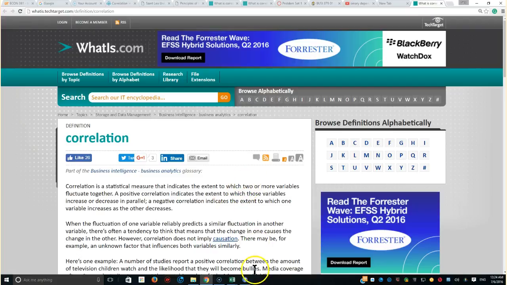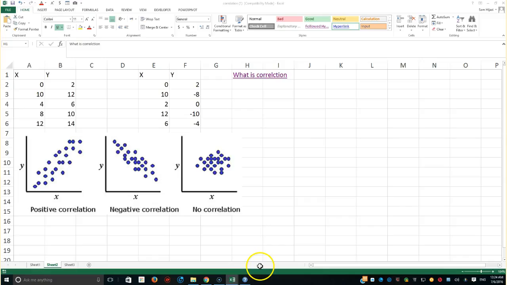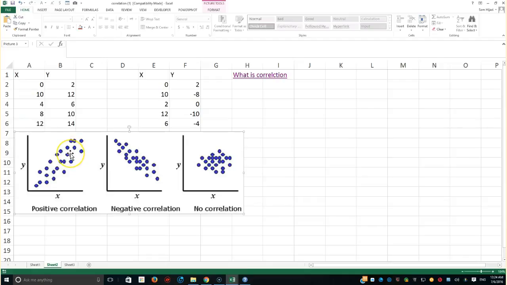Anyway, let's take a look at the data here. First, I want you to realize this is an image I got from Google. It's very clear that positive correlation usually goes in this direction, and there is also negative correlation, very similar to supply and price, where when one of them increases, the other increases.